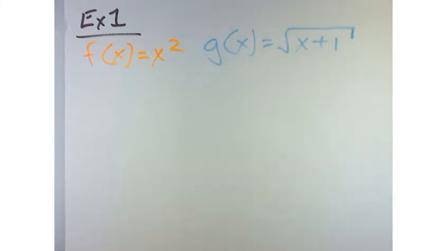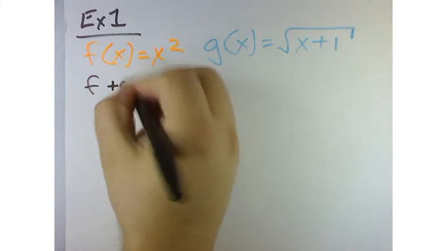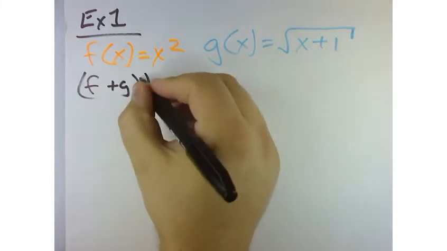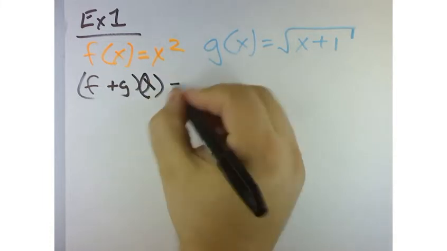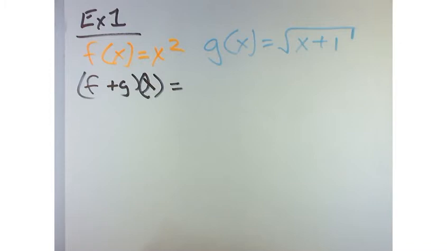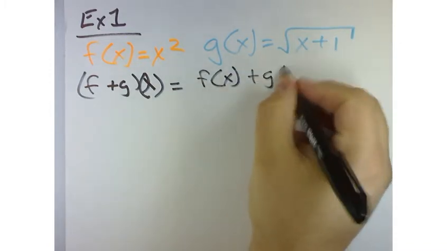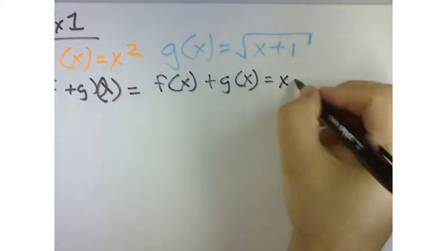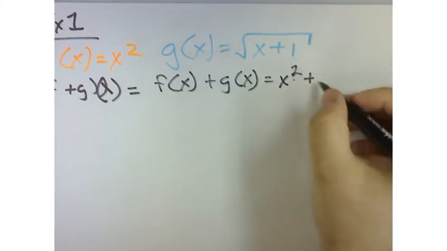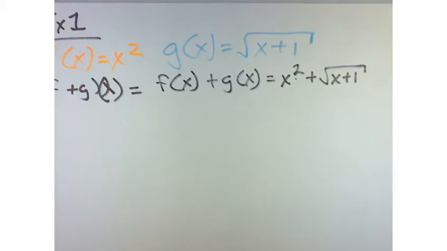And so what we're going to do is go through each of these. So the first thing that I want to write is f plus g of x. Well, this is the same as f of x plus g of x, which is the same as x squared plus the square root of x plus 1, right?